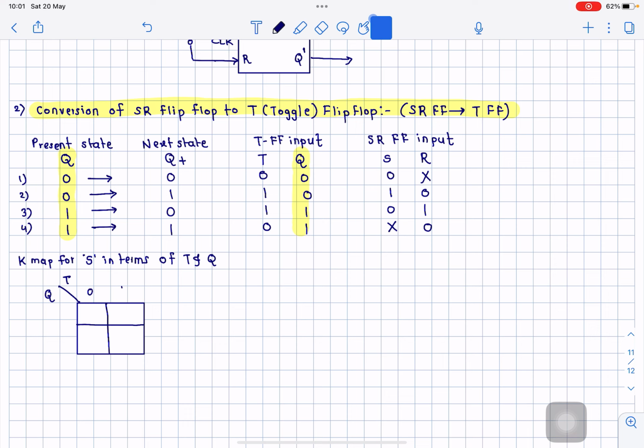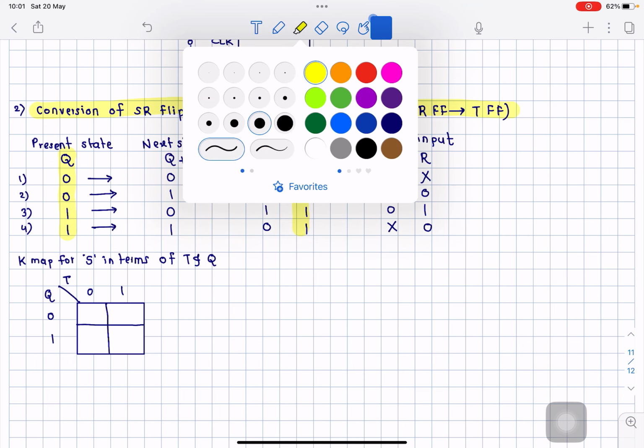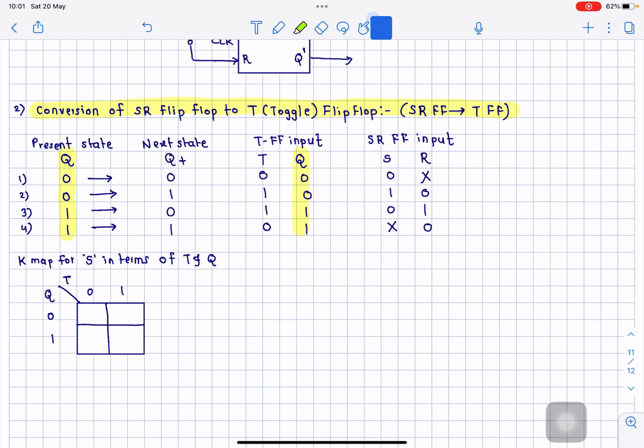It is 0, 1, and again 0 and 1. Now let us write the K-map for the S input by referring to T and Q. First, when T and Q both are 0, S will be 0, right?